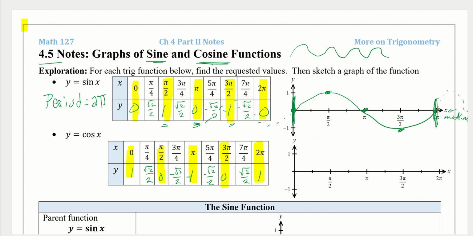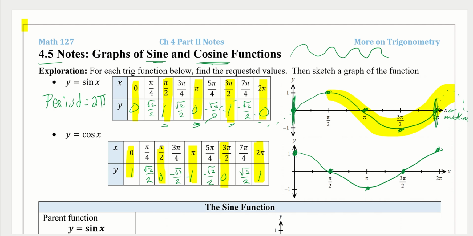Cosine's the same idea, but this time instead of starting at 0, 0, it starts at 0, 1, and then goes down. Pi over 2 equals 0, pi is negative 1, 3 pi over 2 is 0, and 2 pi is back up at 1. So this one looks more like that. But if you notice, that right there is kind of the same as this right there.